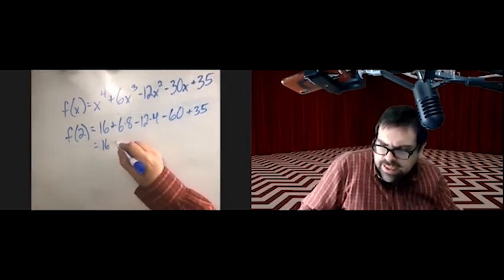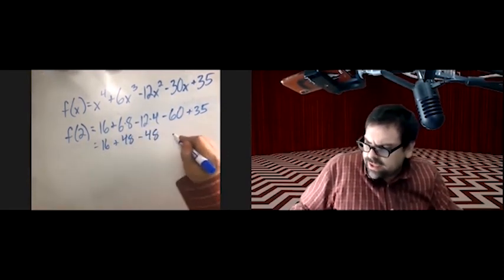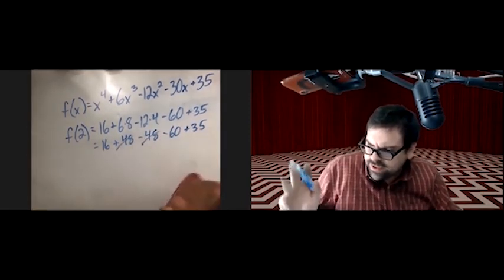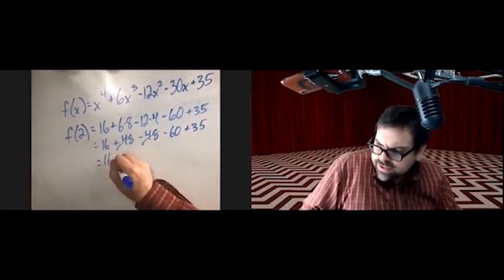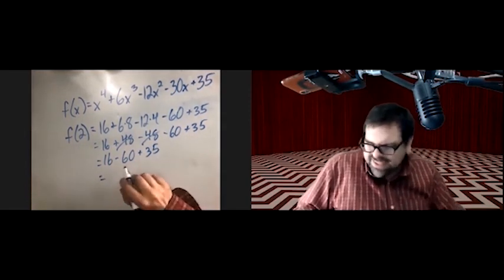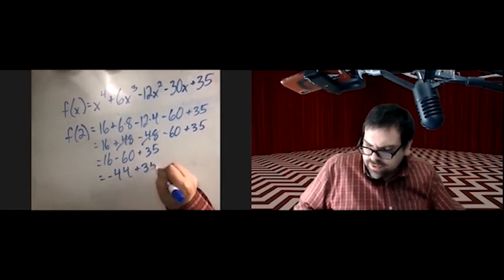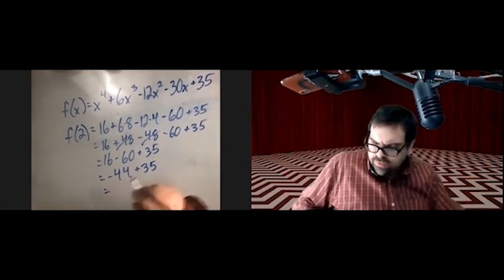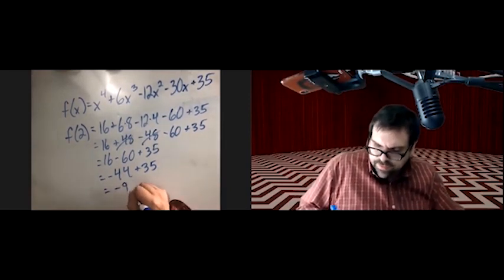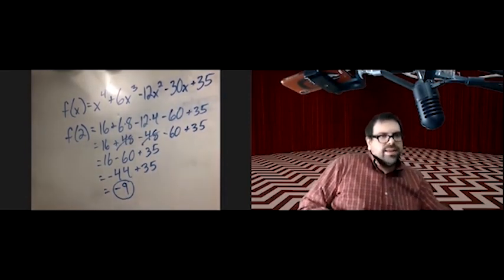And that's 16 plus 48, minus 48, minus 60 plus 35. Plus 48 minus 48, bye-bye. 16 minus 60 plus 35. 16 minus 60 would be negative 44 plus 35. Negative 44 plus 35 would be negative 9. So f of 2 is negative 9 for plugging that stuff in.